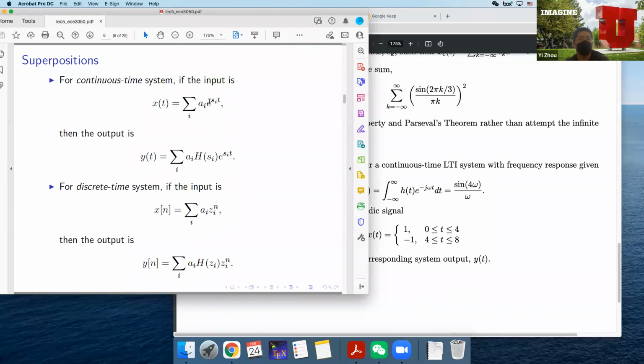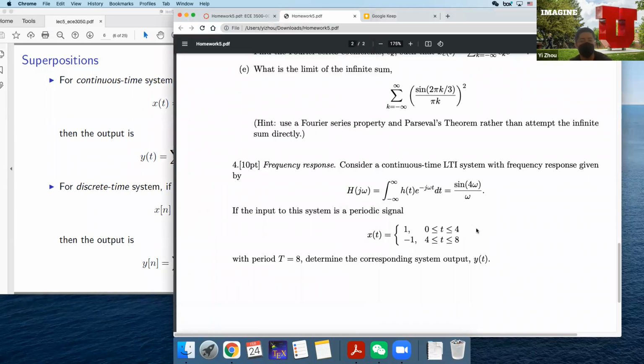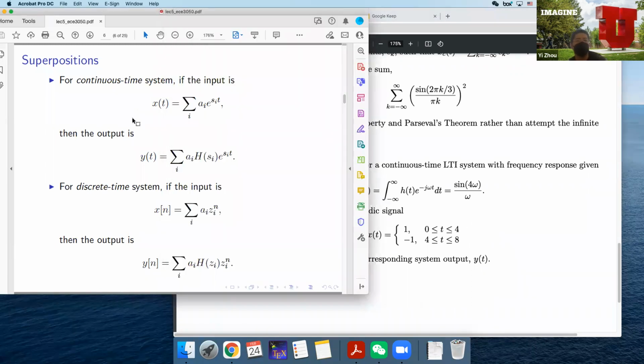For each of these eigenfunctions, the corresponding response is given by this frequency response. So again, you need to do a Fourier series expansion first, and then leverage the LTI property of the system.